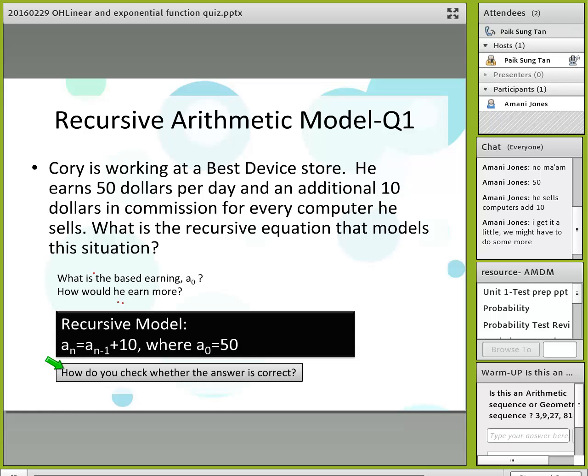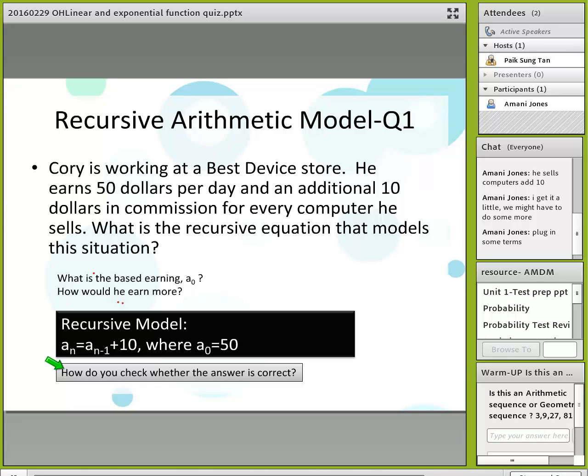So, how do you check whether the answer is correct? This is always a question when you do a quiz. How do you check whether the answer is correct? I am going to plug in some terms, but you have to know how to plug it in.